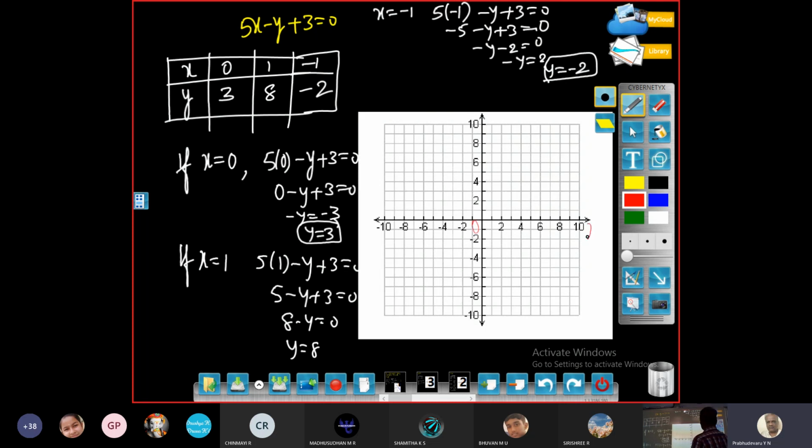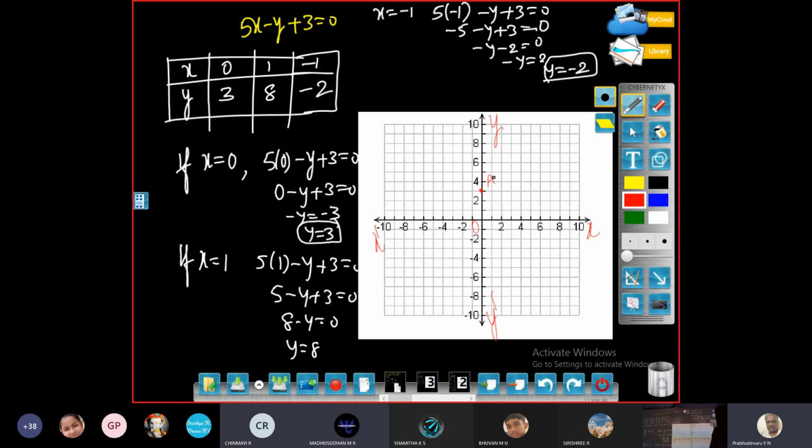So this is the x value 0, along the y axis the point is 0, 3. Along the x axis at 0 only, along the y axis at 3, this is the point A. You can see, this is visible to all of you, where I am marking.